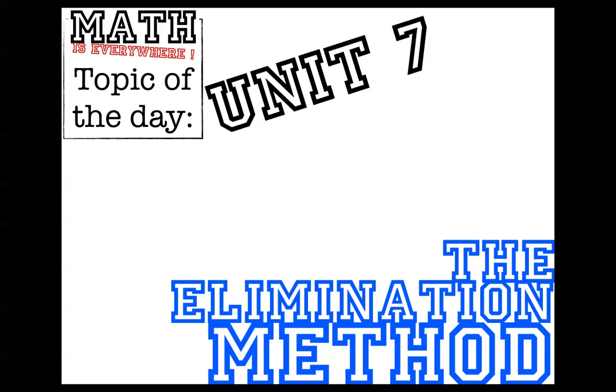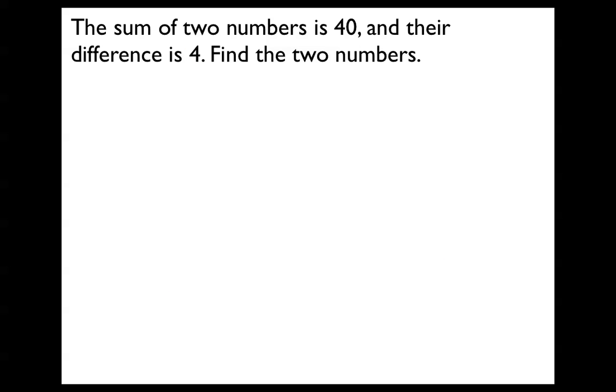We're going to try to eliminate the x's or eliminate the y's so that we only have one variable to deal with, and that's going to make it easier. When the elimination method works, it works really nicely and it makes it go quicker. But unfortunately, the elimination method doesn't always work. So let's give an example.